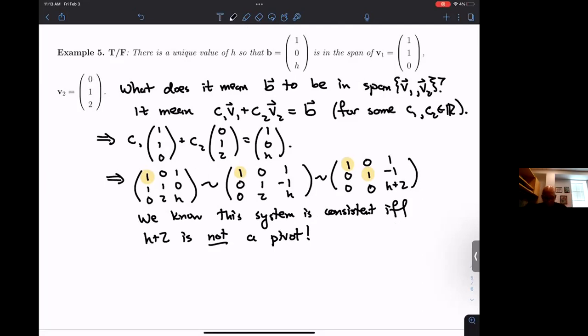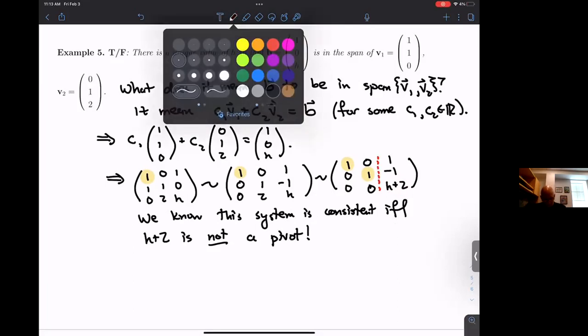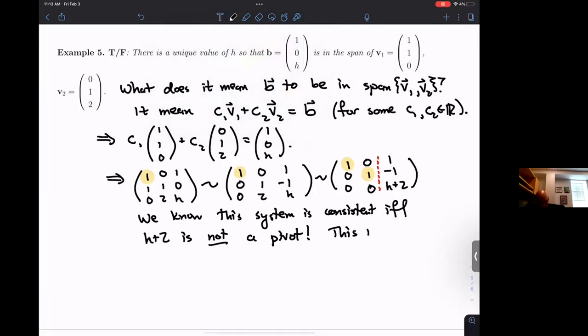Right? Because if h plus 2 is a pivot, that means the system is inconsistent, right? How do I know that? Well, remember, this right-hand side is really the augmented part of my matrix. And so I don't want to pivot in that last column. And so that is, to be consistent, we need h plus 2 to be 0.